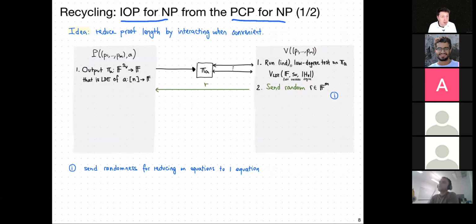If we sample one of the good R's, then the prover will have nothing to do but to talk about that equation. So we're just going to tell the prover, this is the randomness that I would like you to use to bundle these equations. Don't use any other randomness because I don't care about it. In fact, because we don't need to consider all the randomness, we don't need such a complex construction of bundling.